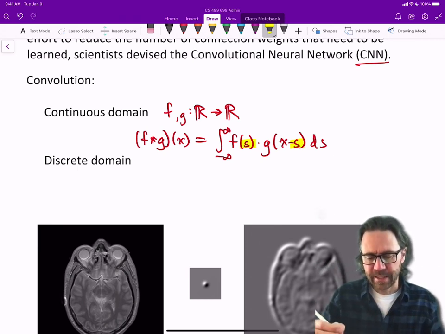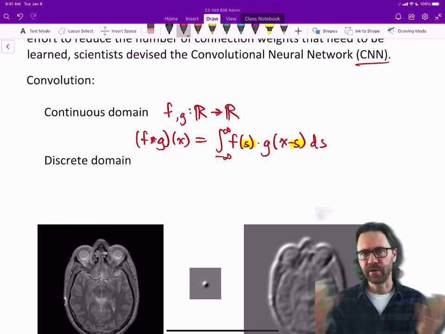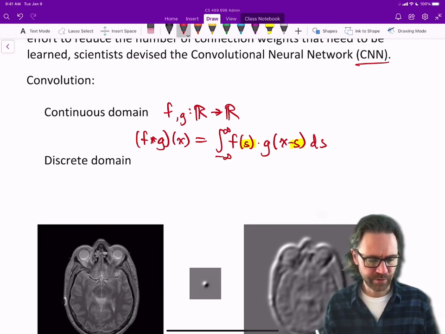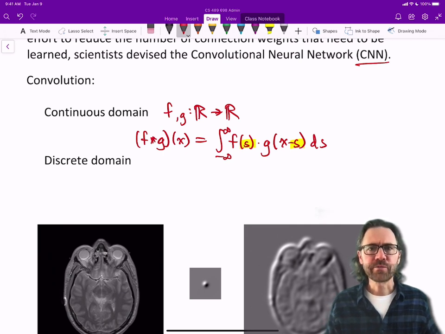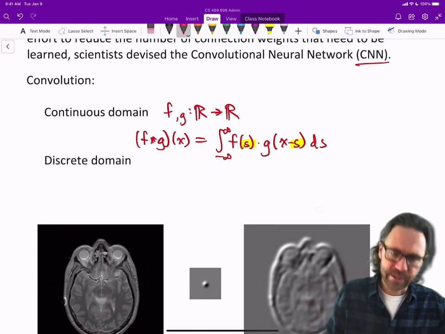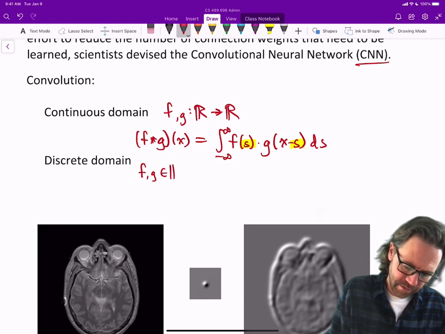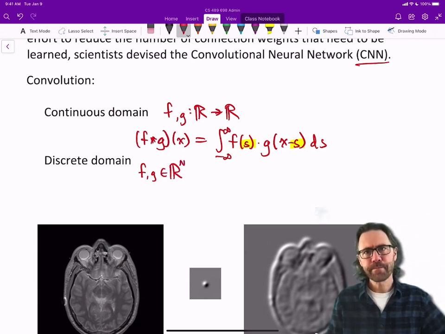Anyway, we won't dwell on that too much, but technically convolution involves reversing one of the two signals. Now in the discrete domain, so if you have an image or a vector or something, you can also talk about convolution. So in this case, f and g are both, let's say, n vectors.